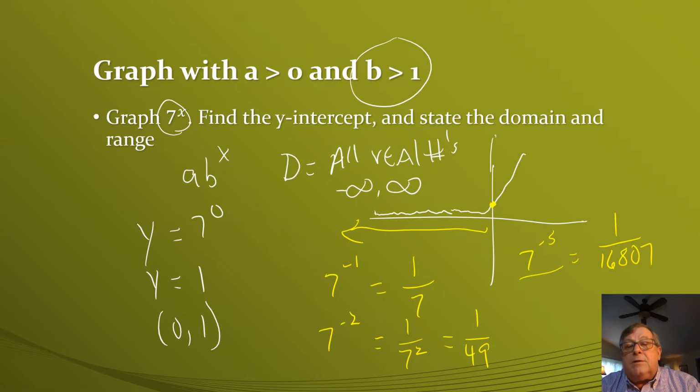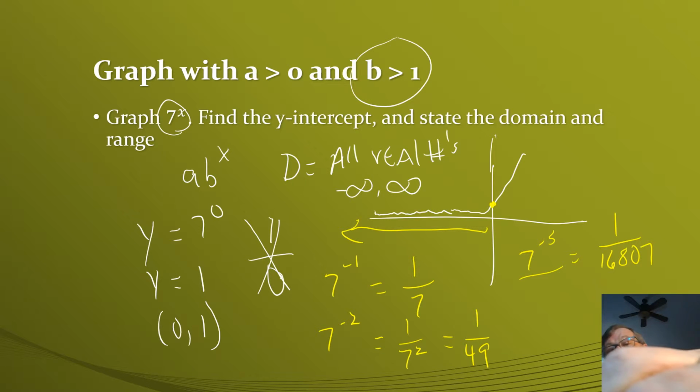What about the range? Well, what if somehow, and it couldn't happen this way, I had 1 over 0? That would be undefined, right? If I could raise 7, in this case, to some power that would give me 0, it would be undefined.